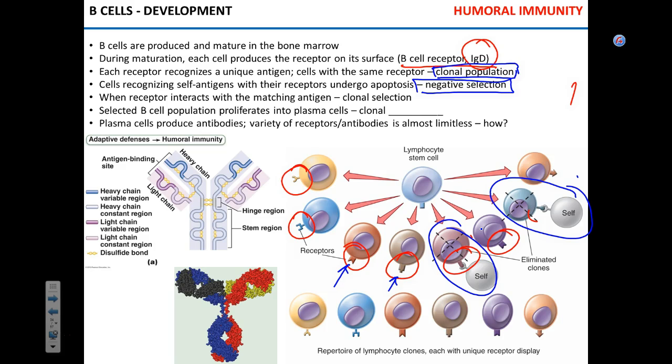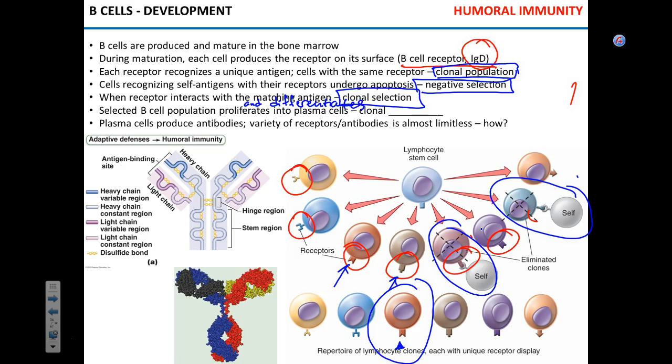So when they get exposed to the antigen, imagine there is an antigen that is recognized by this clonal population of B cells. That recognition, by the way, is called clonal selection. That population of B cells starts to proliferate and differentiate.